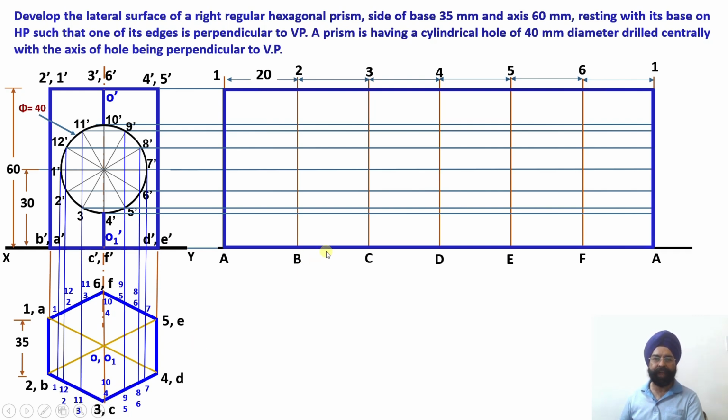Point 11, 3 will be located between 2 and 3, or B and C, at this distance from the vertical edge 3C. Similarly, 9 and 5 will be located on the right hand side, because they are contained between 3 and 4, or C and D. Let me mark those points.